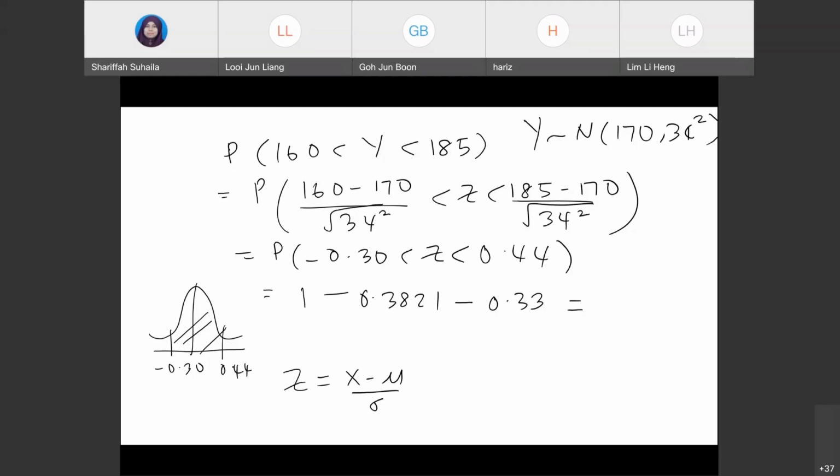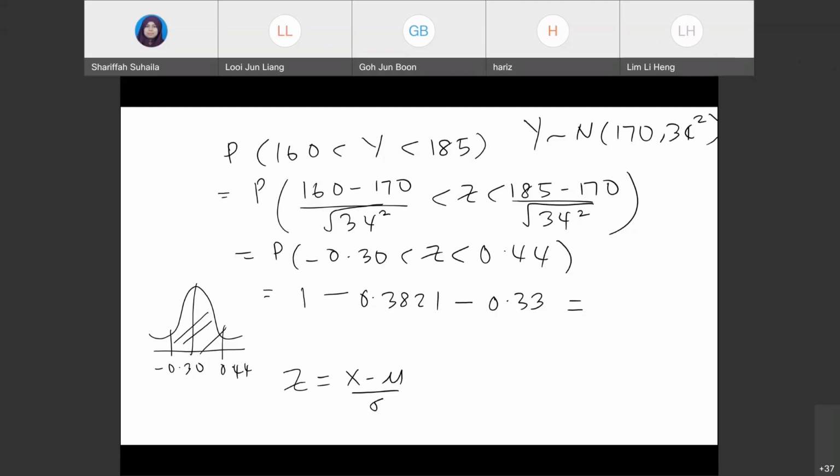So 0.2879. Is this the answer at the back? The answer given at the back is 0.2841. What did you all get here? Did I get the same answer? Is it 0.2879 or 0.2841? Where did I go wrong? Standardize.